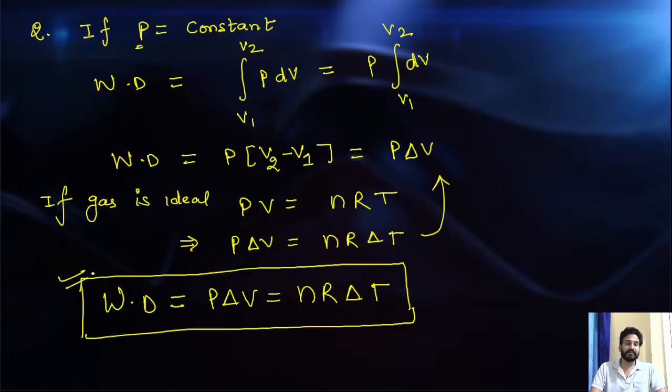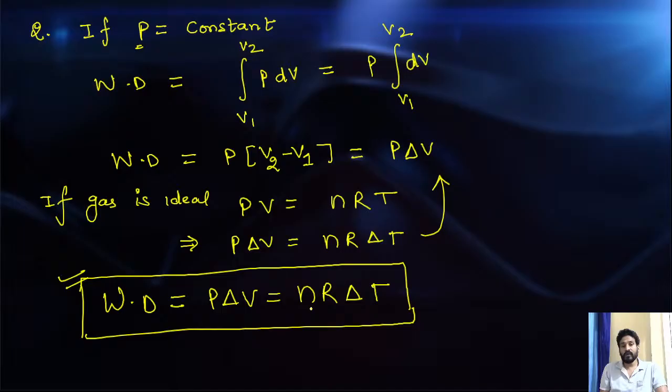Then you will think, sir told us that work done is equal to P delta V, but here there is no data of the volume. Then how can I solve the question? It may be possible that the question is wrong, or that sir gave us the wrong information. No, if you have the temperature data, then use this formula, guys.